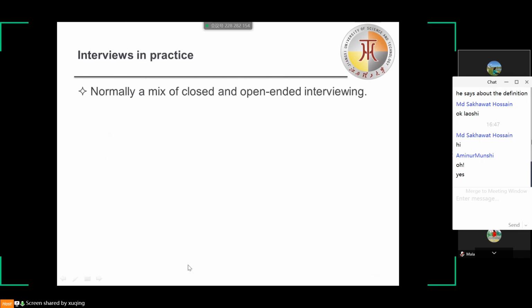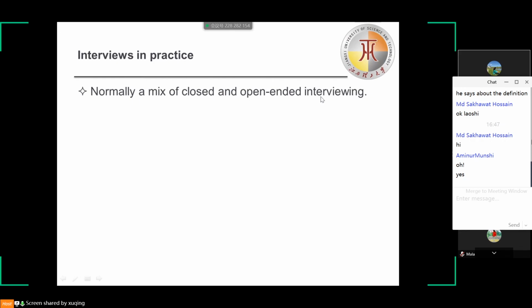In practice, interviews with stakeholders are normally a mixture of both kinds of interview, closed interviews and open interviews. We may have to obtain the answer to certain questions, but these answers usually lead to other issues that are discussed in a less structured way.